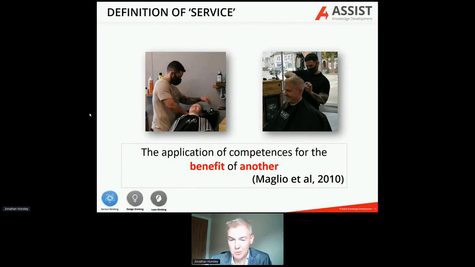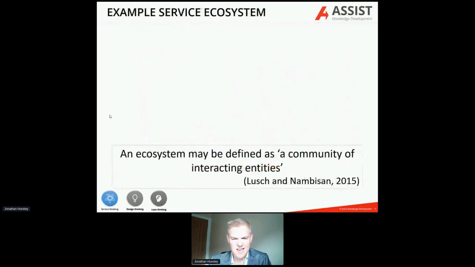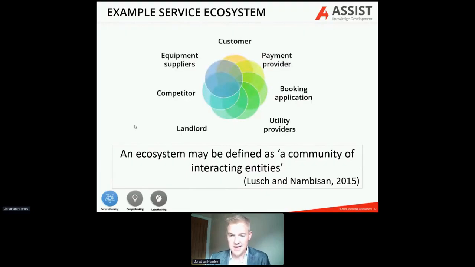So we now understand what a service is. Well, let's look in a bit more detail at what an ecosystem is. An ecosystem is a community of interacting entities. And to help you to bring this concept to life, I thought I'd look at the entities that surround the barbershop that I've just shown you the photographs of. So you can see the entities are everyone from the customer to the utility providers to the booking application that's used, and the competitors, the landlord. But there's more.